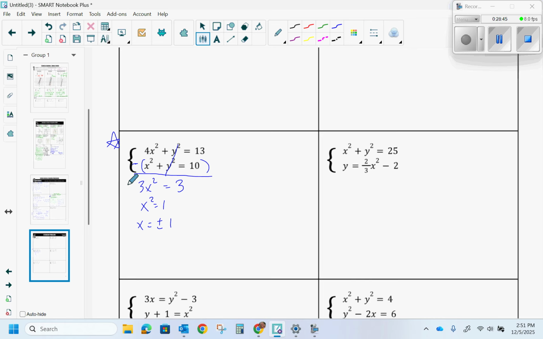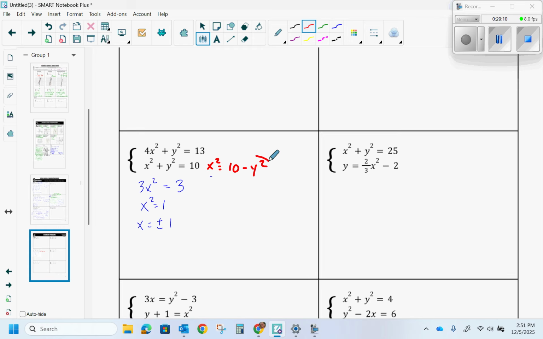Okay, another method that you could have used on this one, I'm just going to come back here and erase this. Another way you could have done this one is to get y squared by itself, for example, or even x squared by itself. I could have gotten this x squared by itself and got 10 minus y squared. That's probably not the best choice.